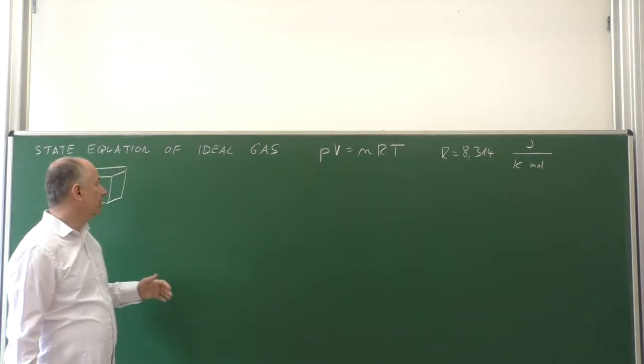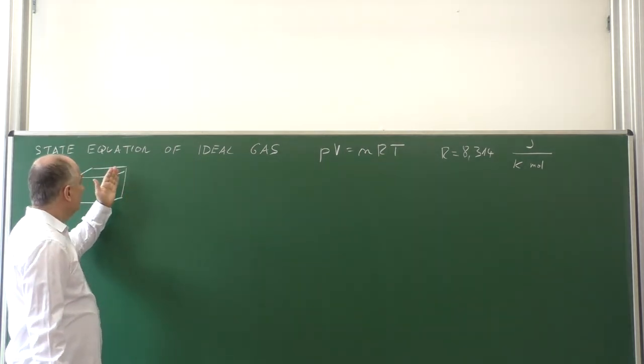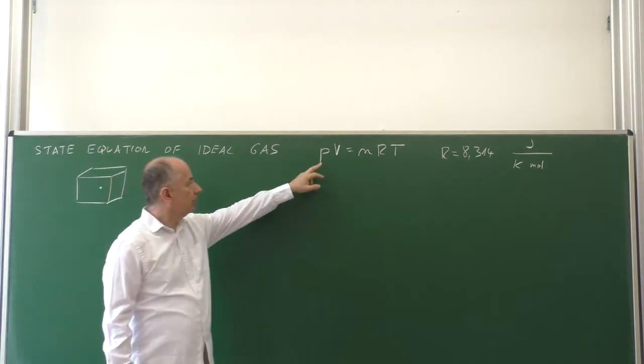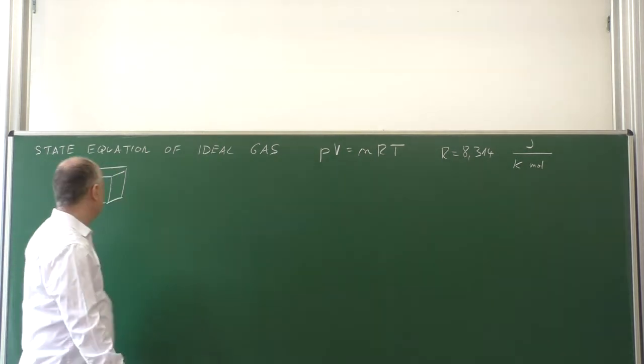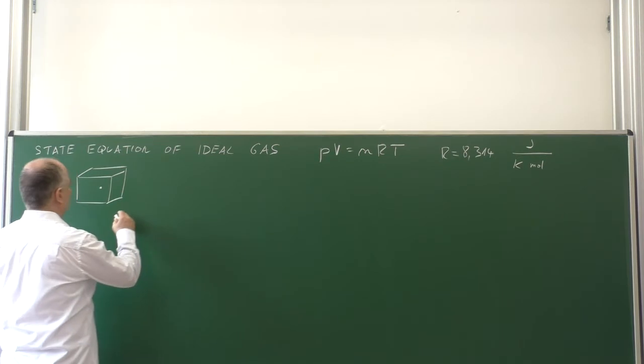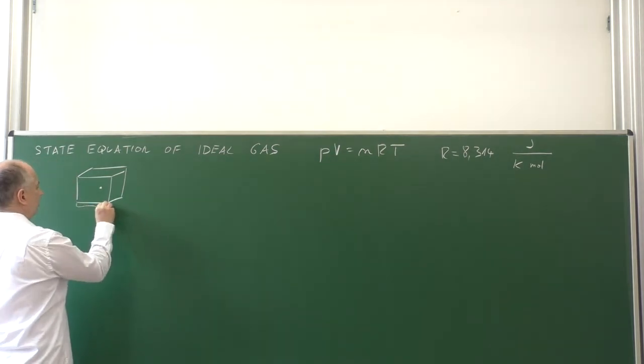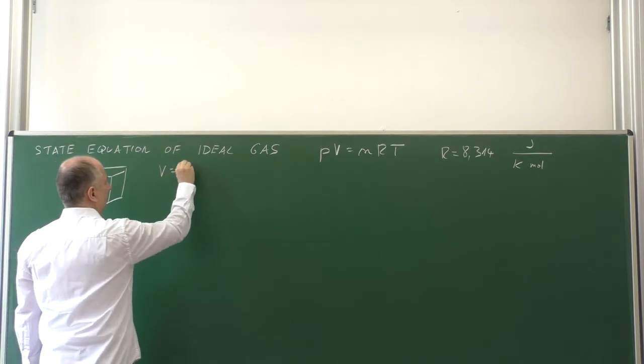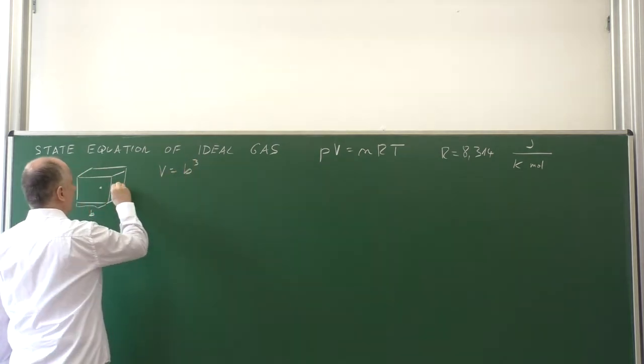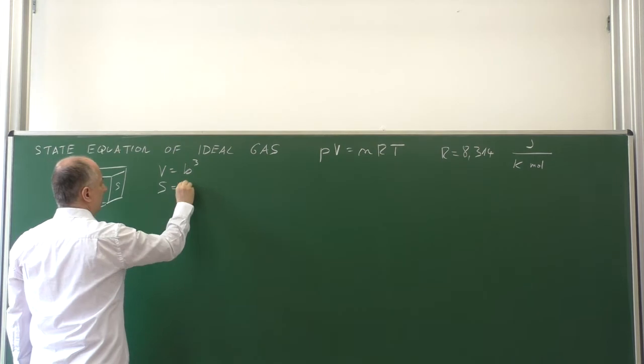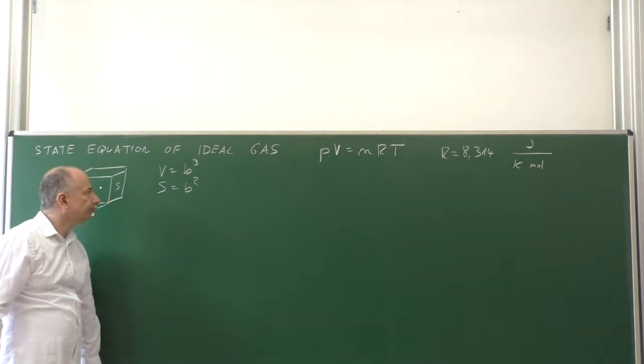But there are many of them, and we have some pressure on the walls, and we want to find some formula for this pressure. Before we go further, let's denote this line b. So the volume will be b cubed, and the area of the side will be b squared.